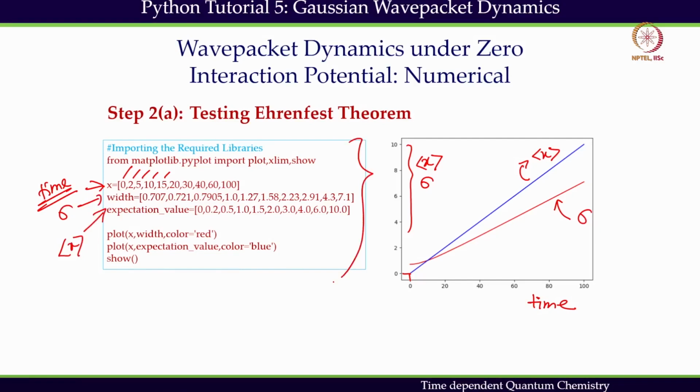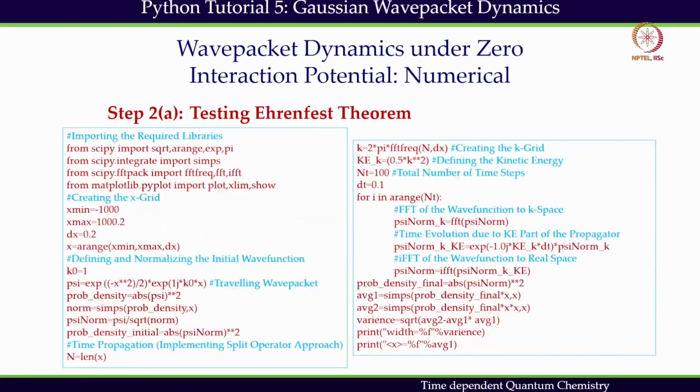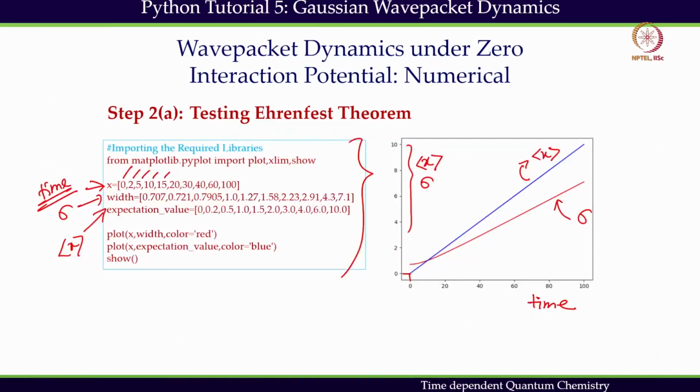So after running this program for different NT, different time, I want to check at different times what is my final width and the expectation value of the position, or center of the Gaussian. If we do that, we get these values and we simply plot it.